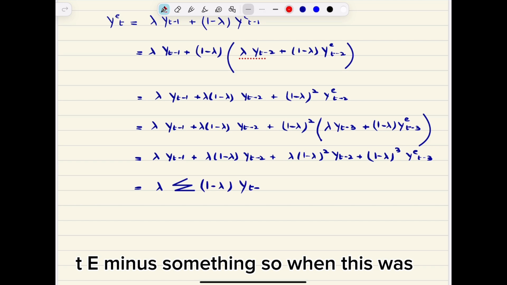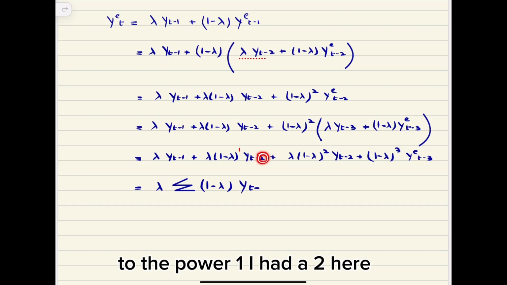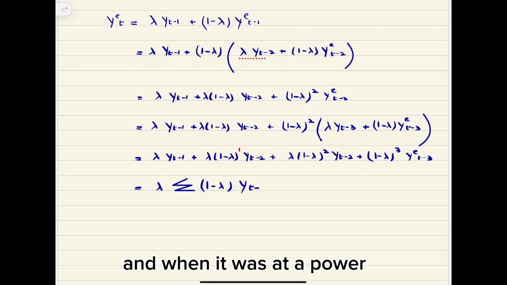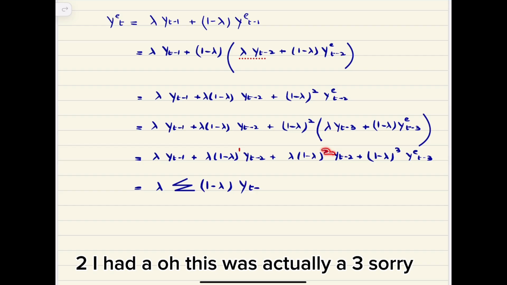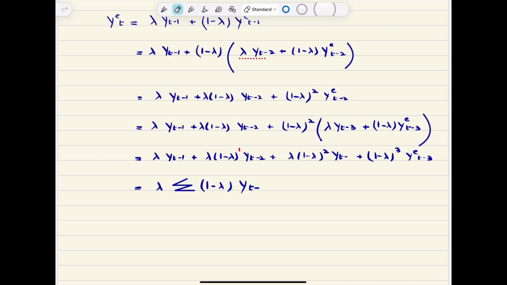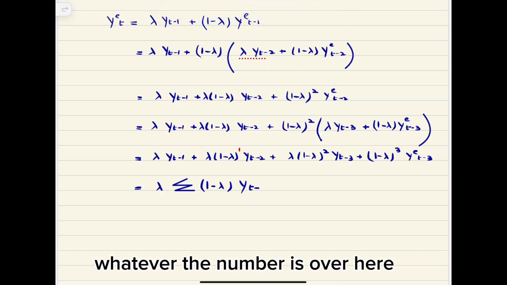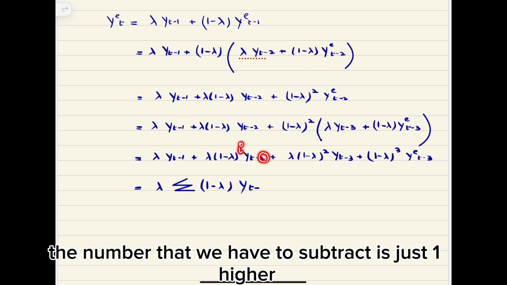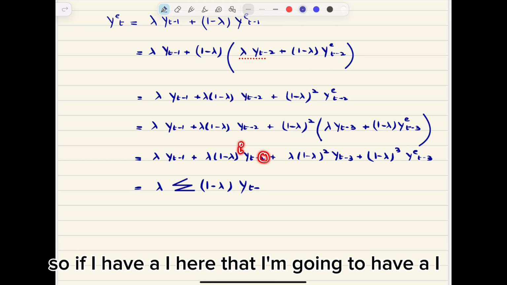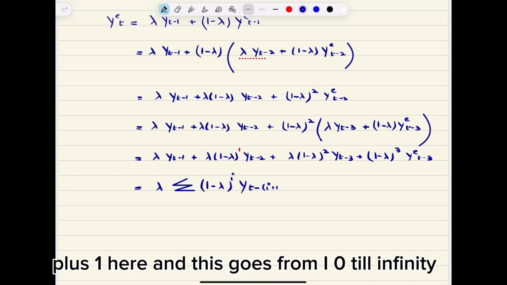So when this was to the power 1, I had a 2 here, and when it was at a power 2, I had a, oh, this was actually a 3, sorry. Then I had a 3 here. Yeah, my bad. Minus 3. So whatever the number is over here, the number that we have to subtract is just 1 higher. So if I have an i here, then I'm going to have an i plus 1 here. And this goes from i equals 0 till infinity.